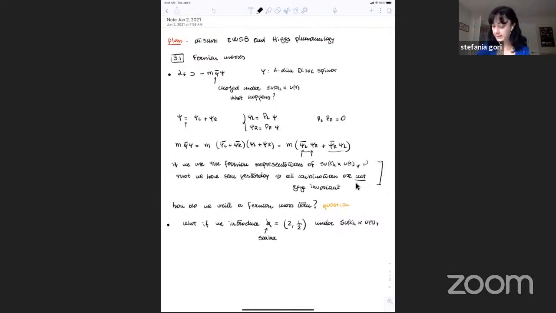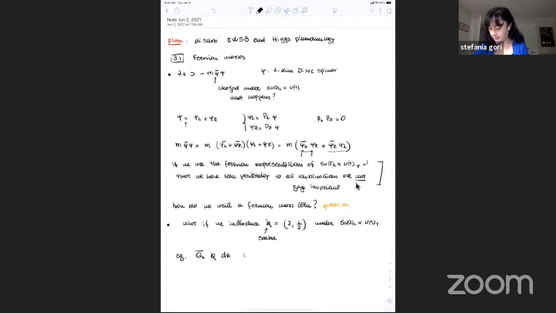So in particular, I can add to the Lagrangian the following term. As an example, I'm using the notation of yesterday for the fields. I can take the left-handed quark, the doublet of SU(2), put that together with the scalar field that I just introduced, and also together with the right-handed down quarks that we introduced yesterday.